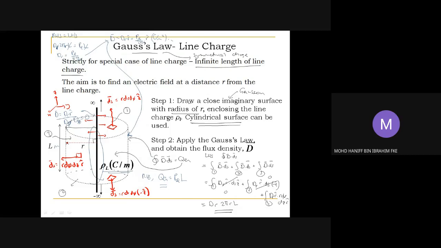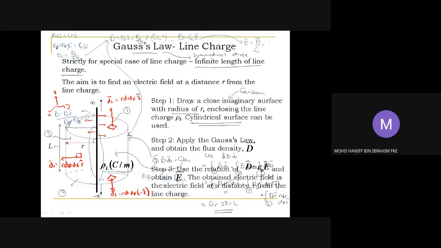So from the equation D equals epsilon naught times E field, which is supposedly the third step, we use this equation to find the E field. We can write that the E field will be equal to the vector D over epsilon naught, which will be rho L over 2 pi epsilon naught r in the direction of r, in volt per meter.